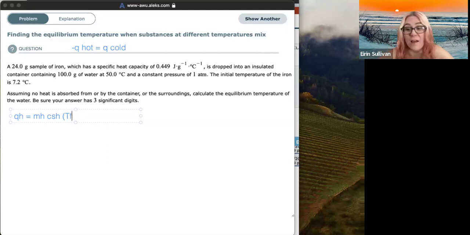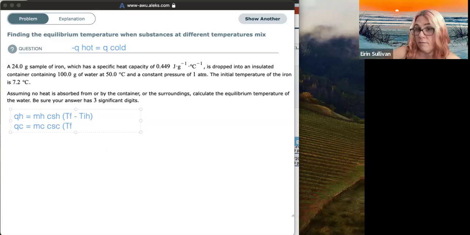So I'm just going to leave it as TF minus the initial temperature of the hot object, okay? And we can do the same for Q of our cold object. Q of the cold object is the mass of the cold object times the specific heat capacity of the cold object times the final temperature, it's the same for both, minus the initial temperature of the cold object.